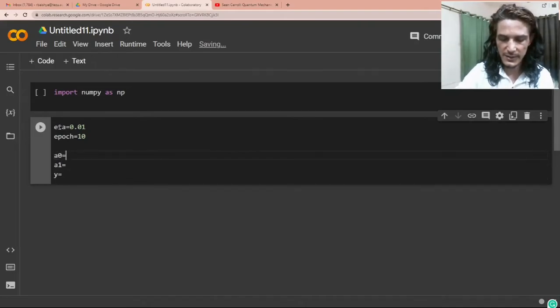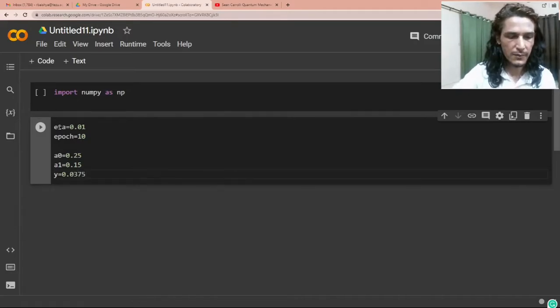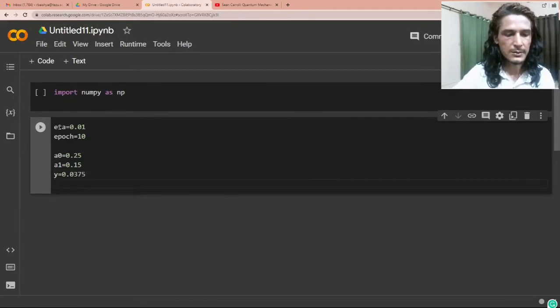I know the numbers from the example: A0 equal to 0.01, A1 equal to 0.25, and the desired output is 0.0375. Okay, and that's all we have.